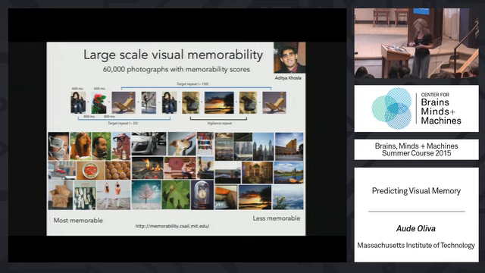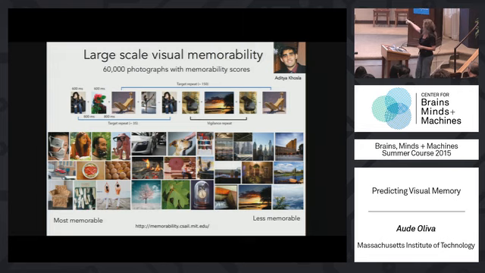In this experiment, images were presented for 600 milliseconds or shorter, but it really did not change much. The 60,000 images cover a lot of types of photos: faces, events, actions, even graphs. Here you have some that were highly memorable or forgettable.